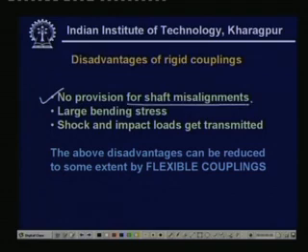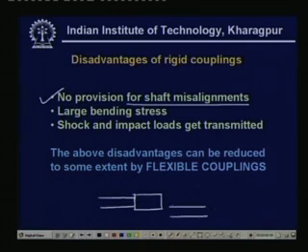So, since these are rigid, then if this is the coupling, then here suppose we have a shaft and this is coupled here, another shaft suppose initially here, then when we connect it gets bent, as you see very well, and therefore, whenever such cases occur, then there is a huge bending stress developed. So, there is a huge bending whenever the shaft is misaligned. Hence, rigid coupling is not suitable whenever there is a large misalignment.